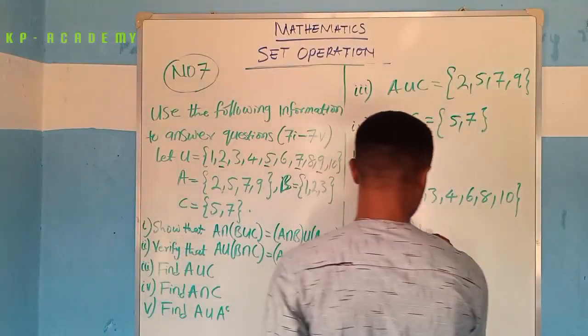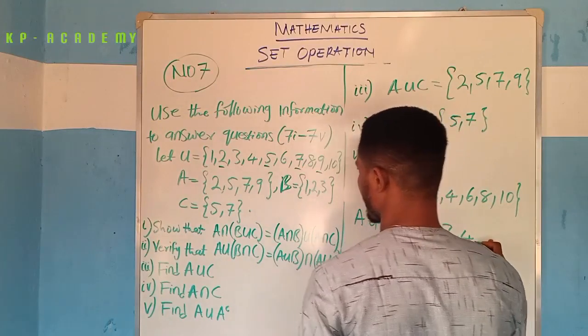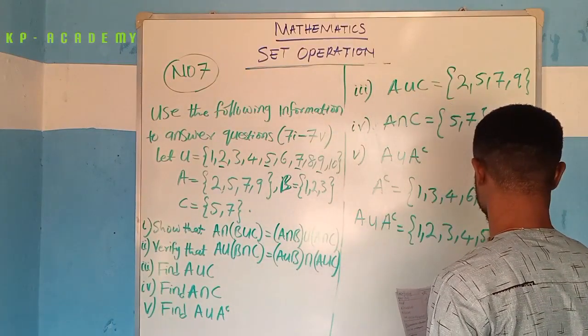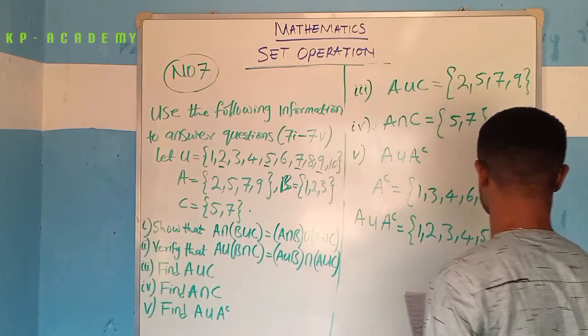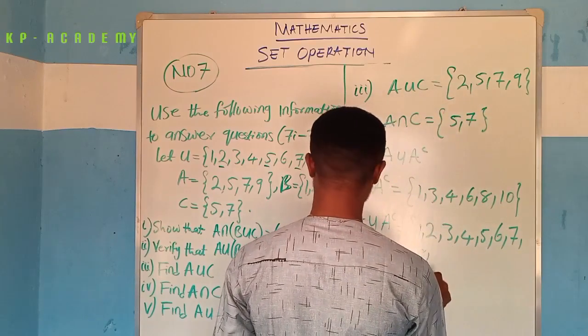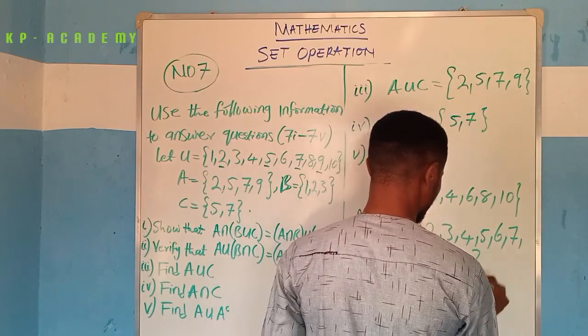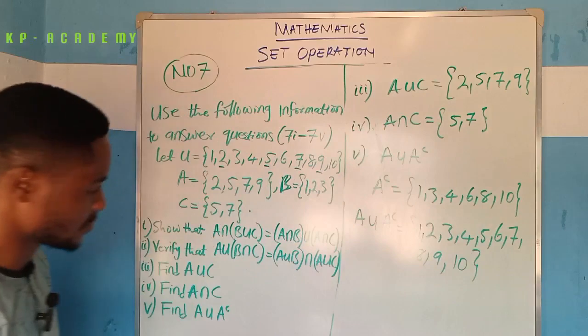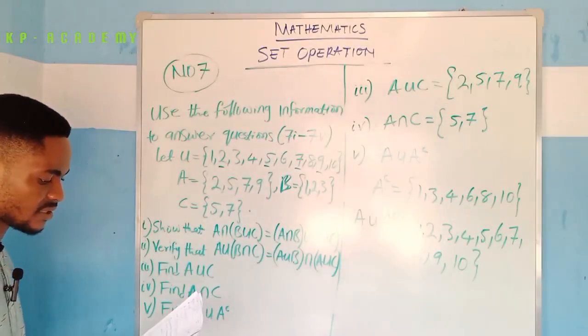So I'm going to have 1, 2, 3, 4, 5, 6, 7, 8, 9, 10. All right, so from 1 to 10 is what they have in common.